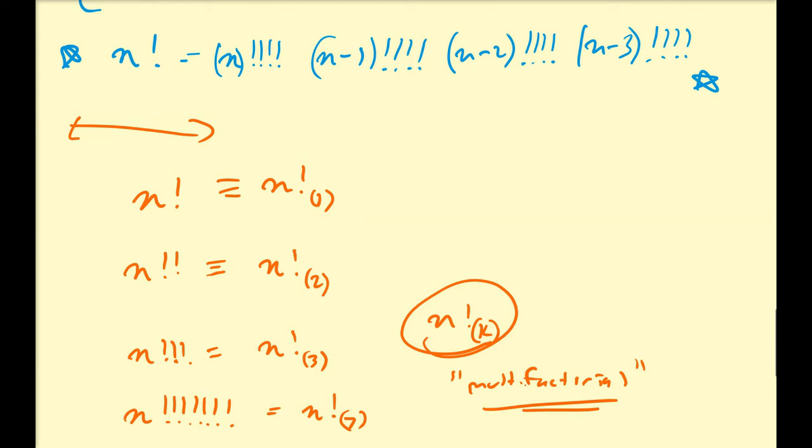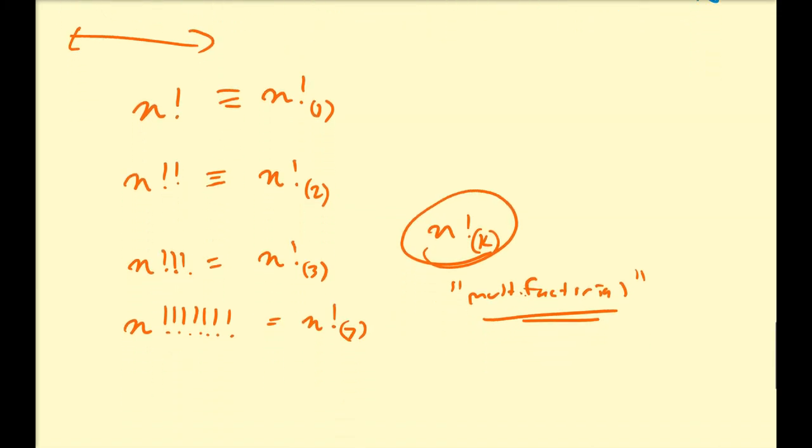Or as we see above, you can express the product of even numbers less than or equal to something, or the product of odd numbers using double factorials, or the product of multiples of 3 or multiples of 7 or multiples of 8. You can use all these products of different types of numbers using multifactorials. And that's pretty much the gist of it, and some basic identities that are associated to the normal factorial and multifactorials as well.